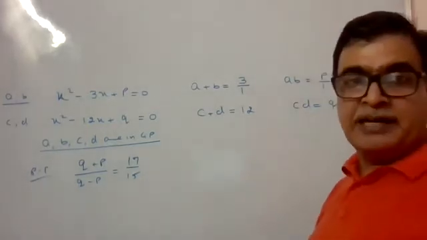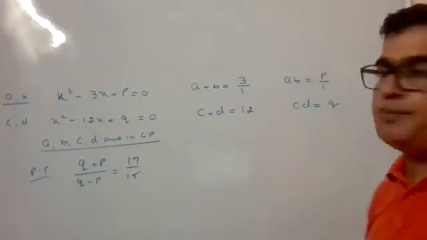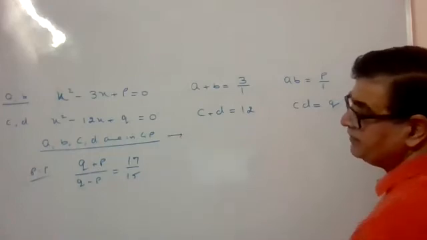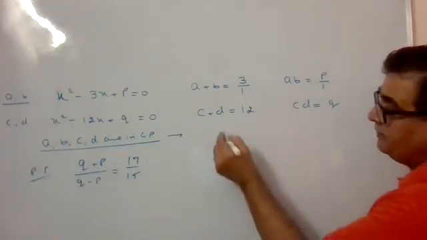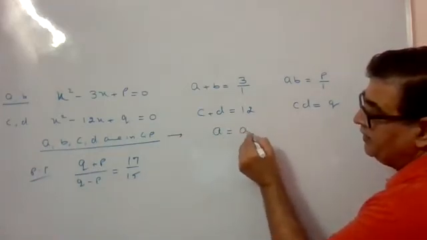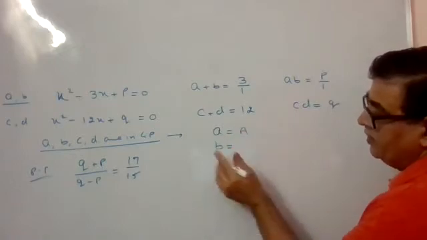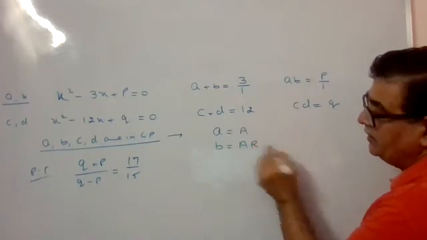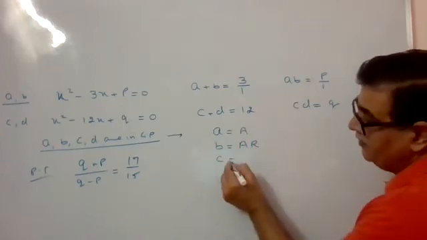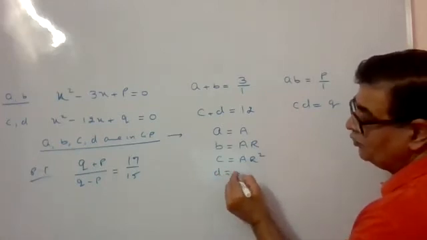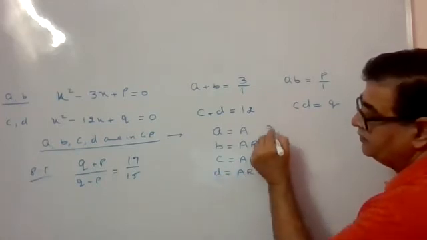Sum of the roots is minus b by a, product of roots is c by a. We have done that. The question says a, b, c, d are in GP. So that means a will be A, I'll take capital here, b will be AR, c will be AR square, and d comes out to be AR cube.